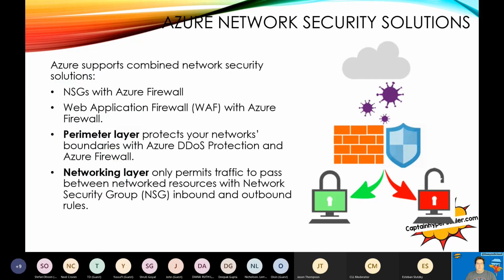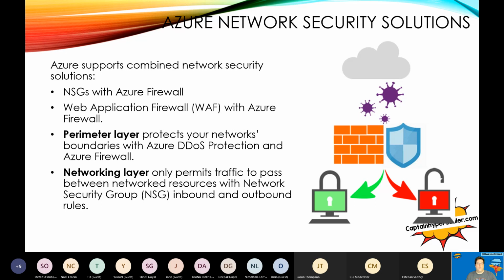And here's just kind of bringing it together in terms of thinking about how to combine certain services. You can combine your rules of network security groups with Azure firewalls. Again, web application firewalls can be combined with an Azure firewall. At a perimeter layer, you've got the protection of DDoS protection and firewalls.